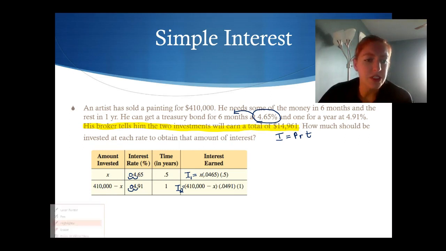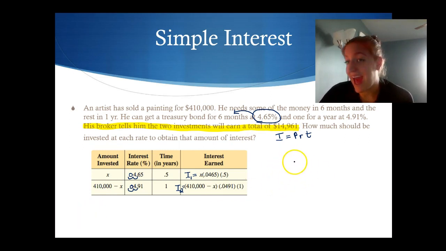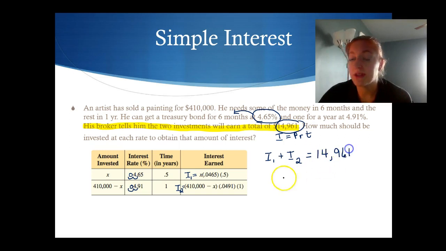So what does it mean to total? Well, total means that you should add the two interests together. So let's take interest 1, add it with interest 2, and it should total up to $14,961.